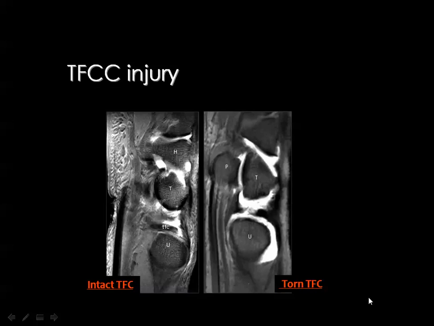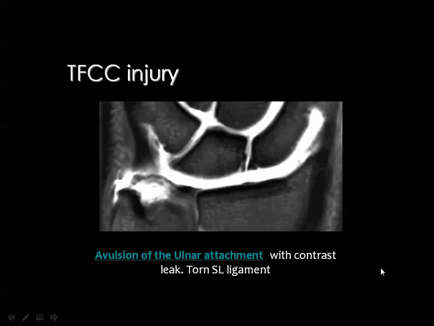This is one of the values of sagittal images, to assess the integrity of the triangular fibrocartilage. This is normal, and this is torn at its middle part. And here there is a defect or avulsion of the ulnar attachment of the triangular fibrocartilage with leakage of contrast between the triangular fibrocartilage and the ulna.